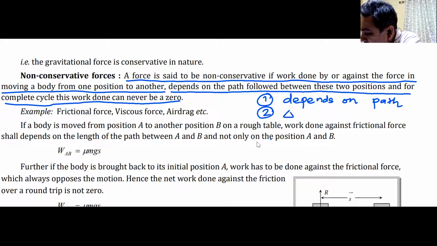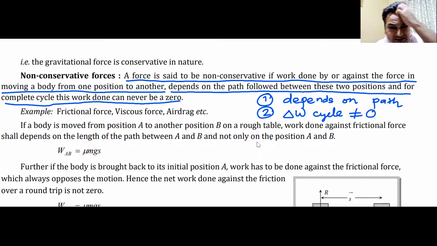So work done by a non-conservative force in a cycle is not equal to 0. In some cases, if I make some particular forces, it might come 0 as well. But commonly speaking, the work done by non-conservative forces in a closed path will never come 0.